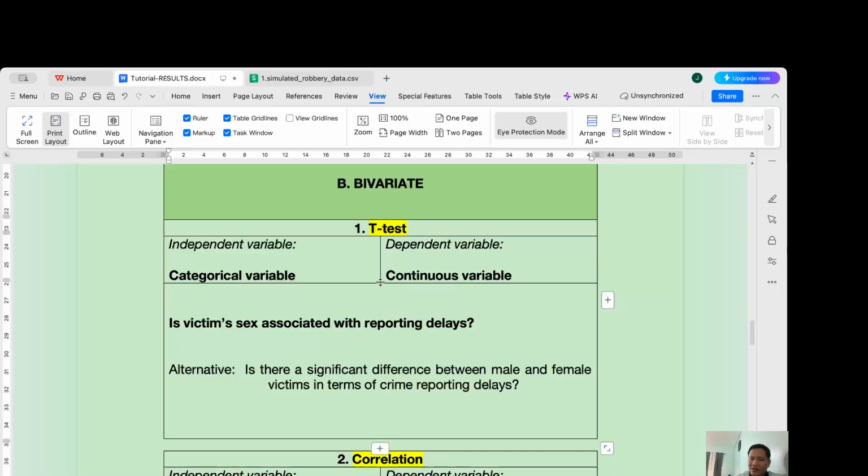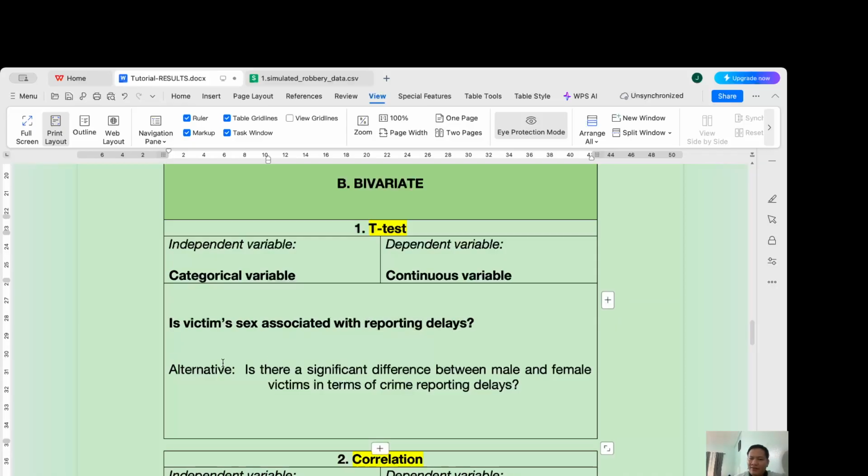Since the dependent variable is continuous and the independent variable is categorical, specifically nominal, having two categories only, we should use the t-test. So basically, we'll be comparing male and female sexes in terms of reporting delays.